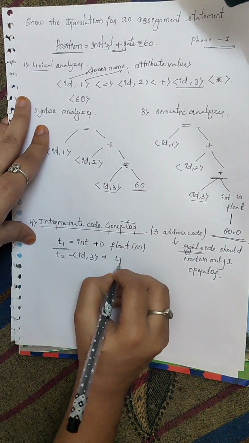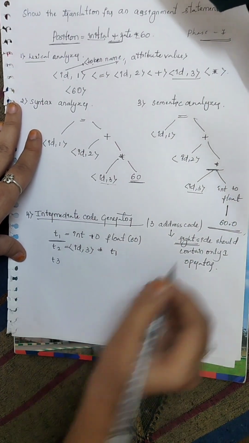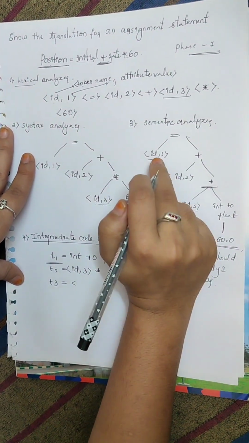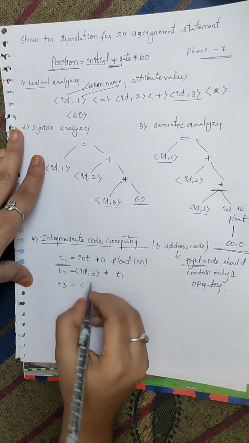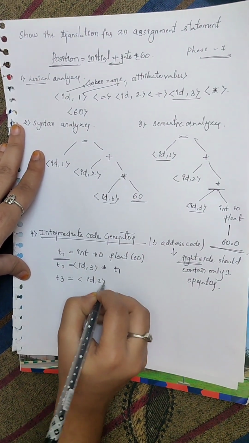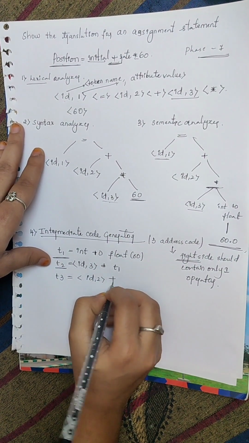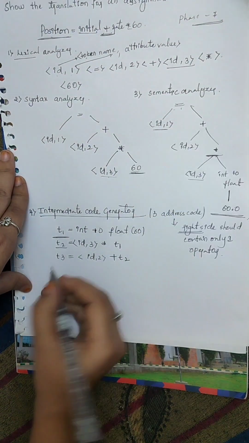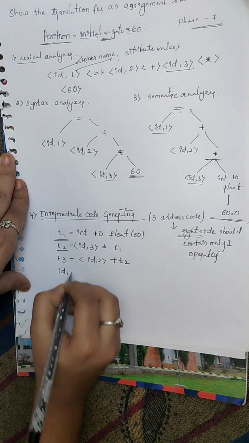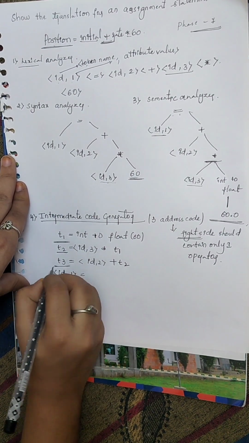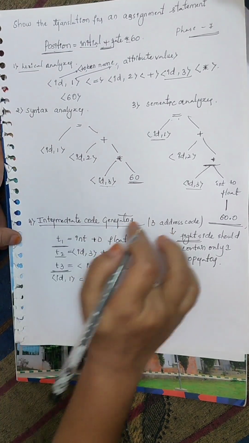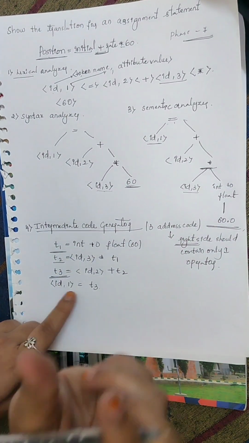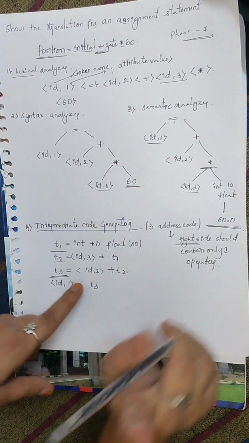Then t3 = id2 + t2, combining the plus with t2. Later we get this value, so id1 = t3 directly. This is the intermediate code generator. In this we reduce the operators, so the right side should contain only one operator.